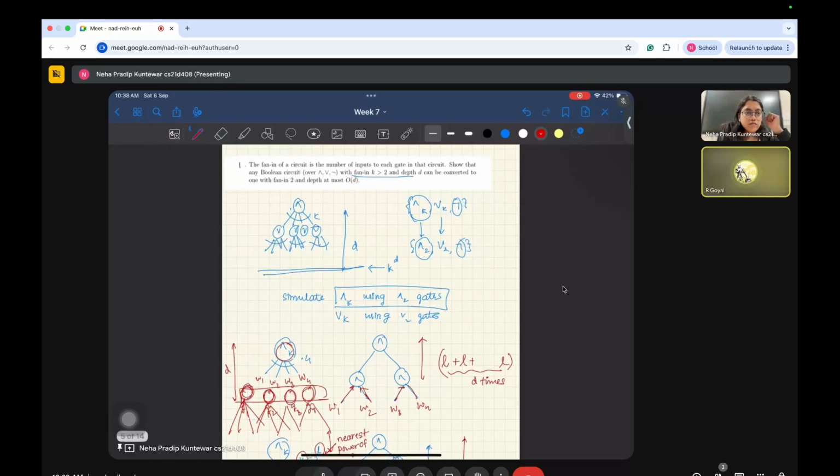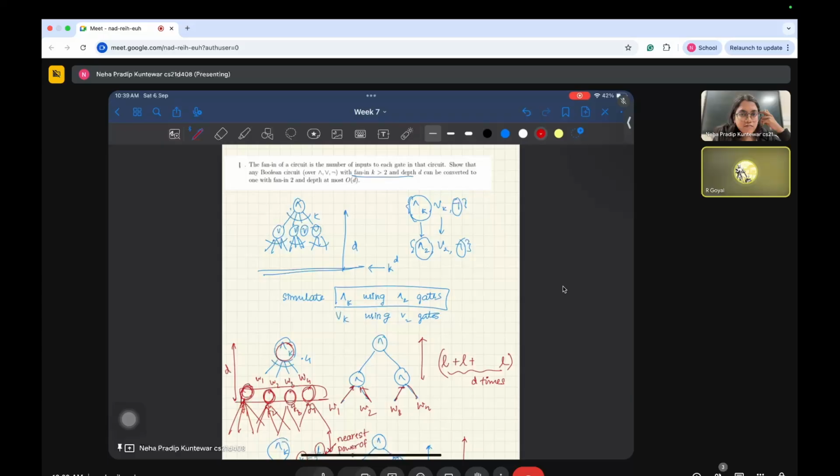Usually, what happens with the fan-in? Can we represent fan-in as something like n square or n cube, or will this always be a finite quantity? So this is always bounded by n, at most n. So if that is the case, then if K is of the order of n, then L will no longer be a constant.